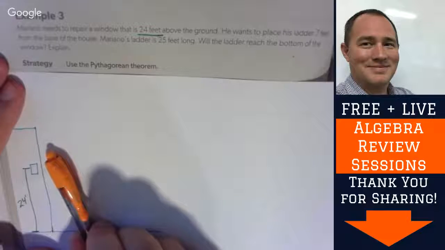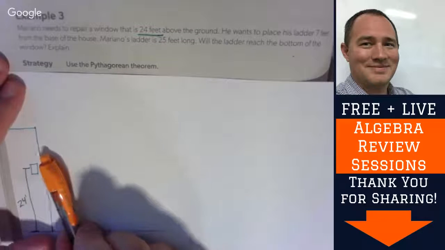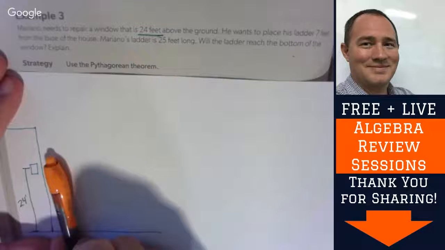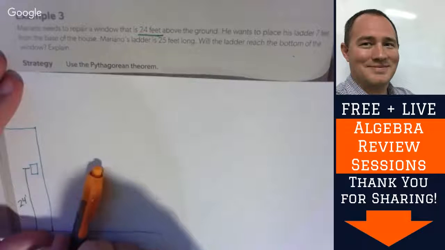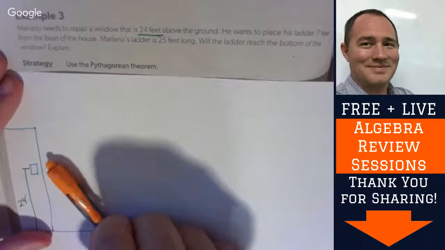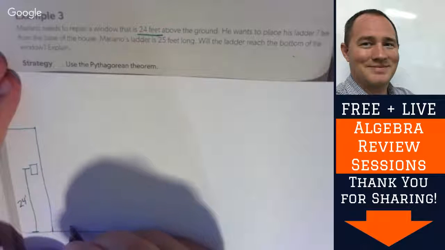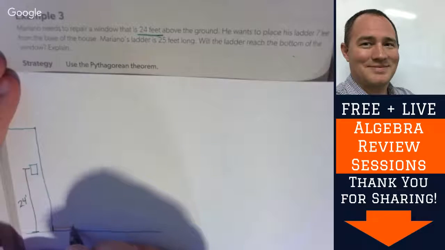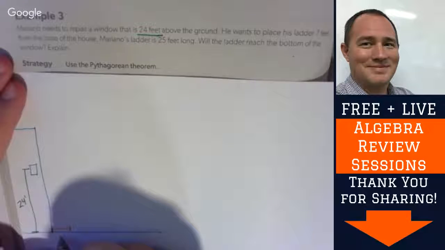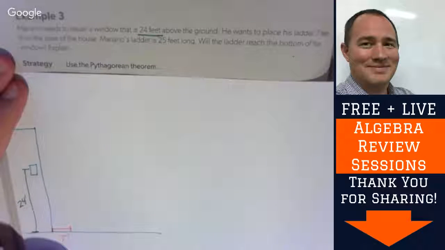Maybe he has experience that about 7 feet away from the wall is the amount that prevents him from, if it's too close to the wall, falling back. If it's too far away from the wall, maybe it'll slide down the building. So finding that right balance of 7 feet, it's going to be 7 feet from the base of the building.